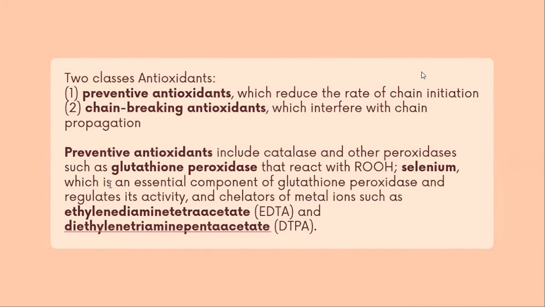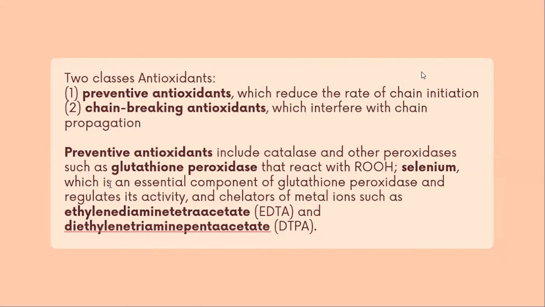What are the two classes of antioxidants? You have your preventive antioxidants and your chain-breaking antioxidants. Preventive antioxidants reduce the rate of chain initiation, and chain-breaking antioxidants interfere with chain propagation.